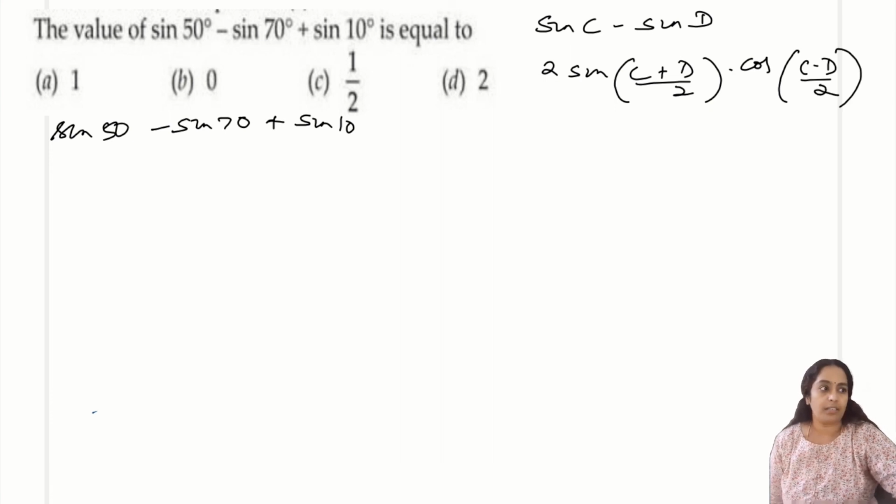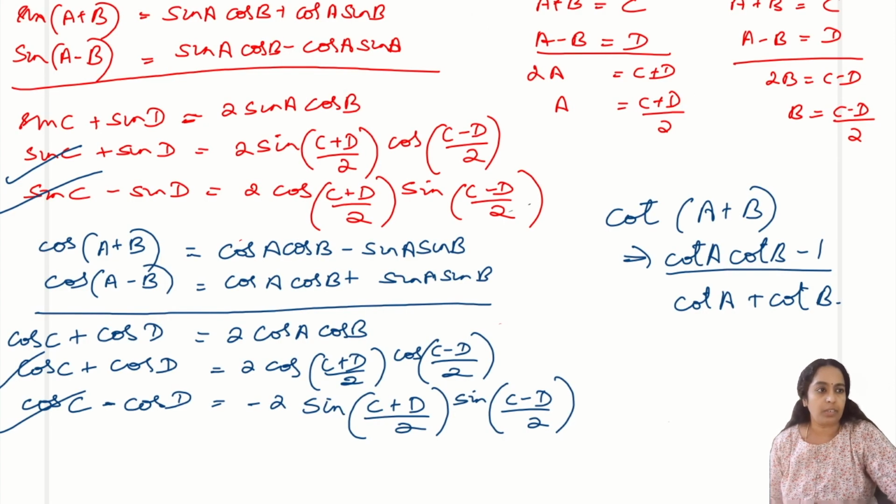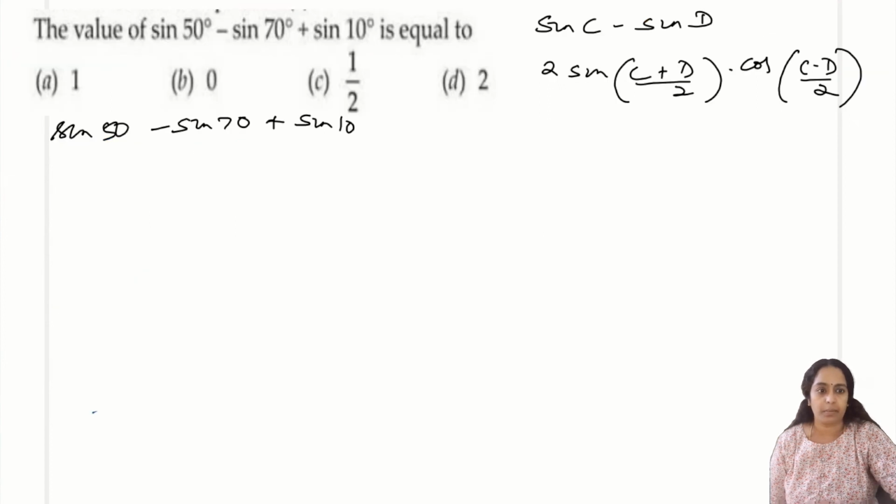Look at the formula here, children. We have the sine C minus sine D formula: 2 cos of (C plus D by 2) sine of (C minus D by 2).